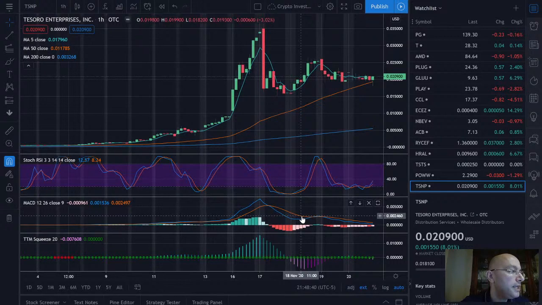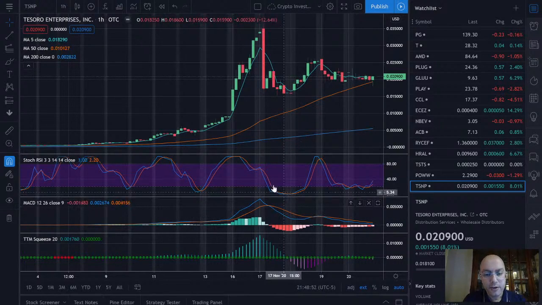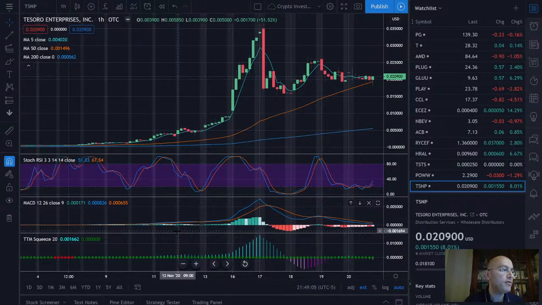What does it mean when the stochastic RSI is very bullish and the MACD is showing bearish? Good question. Can you give me an example of where you saw that, Wendy?